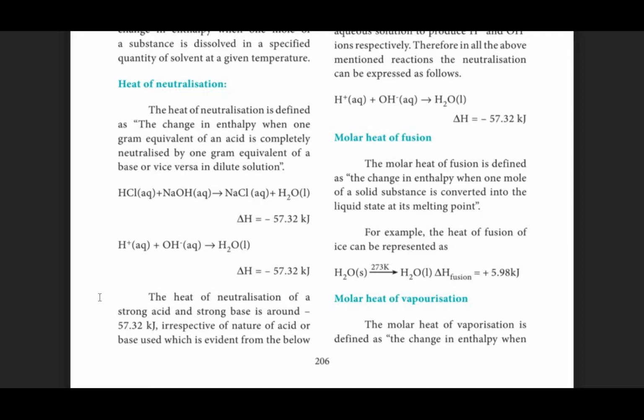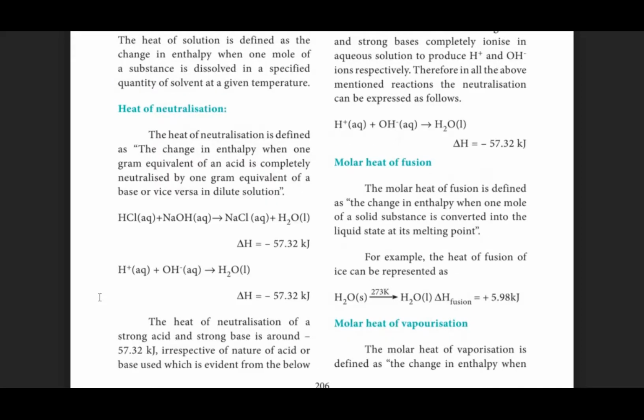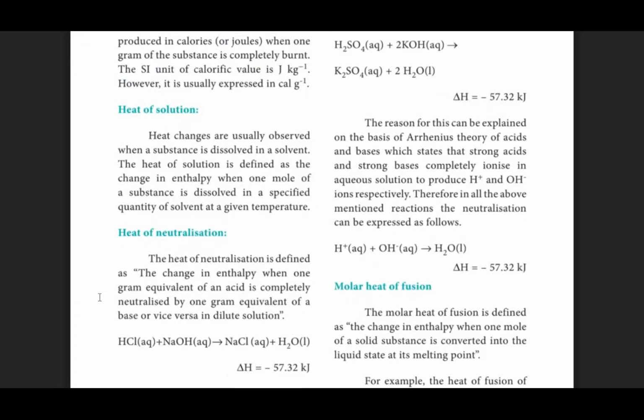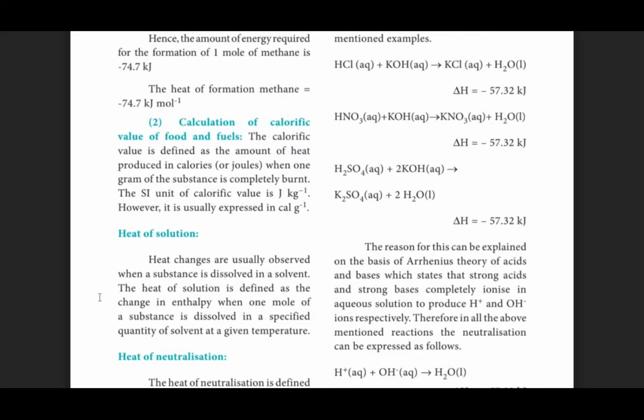The heat of neutralization of a strong acid and a strong base is around the same value, minus 57.32 kilojoules, irrespective of the nature of the acid or base used, which is evident from the equations below. If you take HCl and KOH, you will get KCl and water; if you take HNO3, that is nitric acid, and KOH, you will get KNO3 and H2O; and sulfuric acid reacting with KOH gives K2SO4 and water.